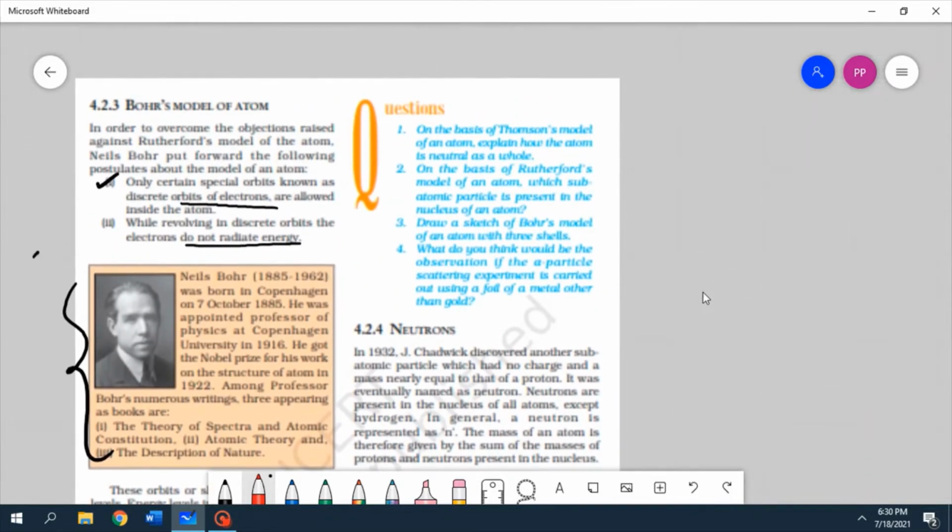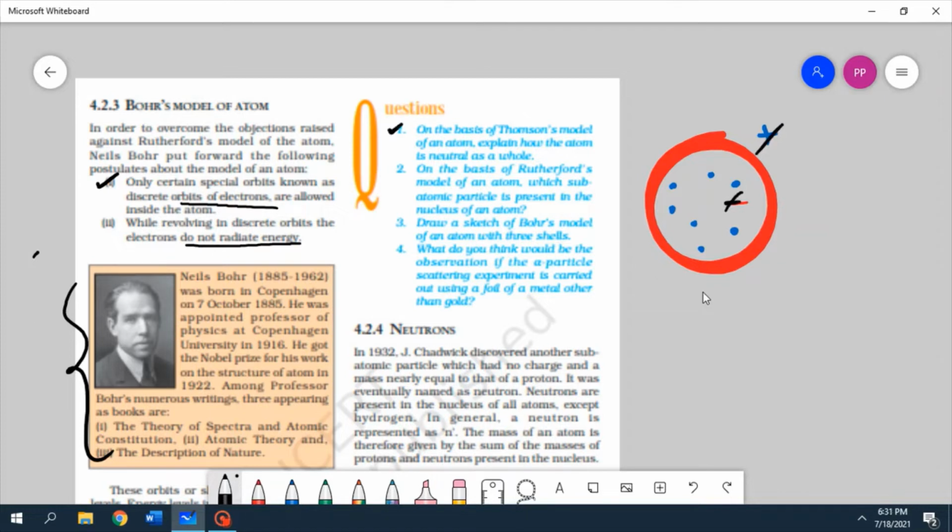Alright, we have a few more questions here. On the basis of Thomson's model of an atom, explain how the atom is neutral as a whole. So Thomson said that there is a positive sphere in which negative particles are embedded uniformly. So the positive and the negative together get cancelled. Alright, that's how he explained the neutrality of an atom.